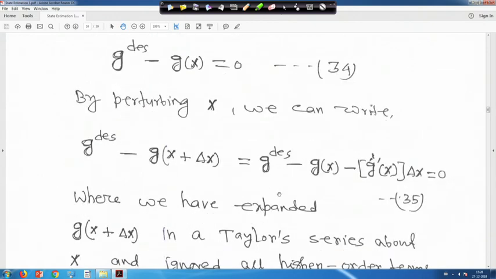Then you expand this term in a Taylor series: g desired minus g(x) minus g dash(x) into delta x. We are ignoring the higher order terms and keeping only up to the first order term.